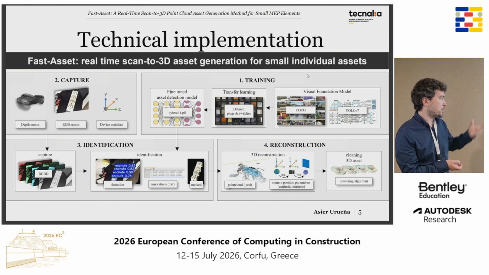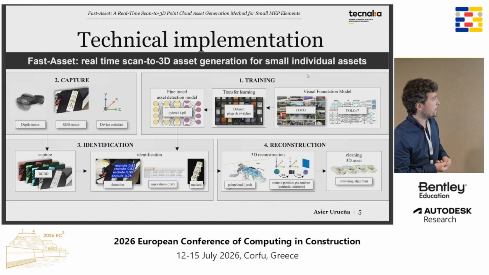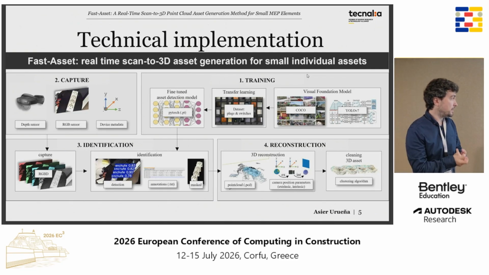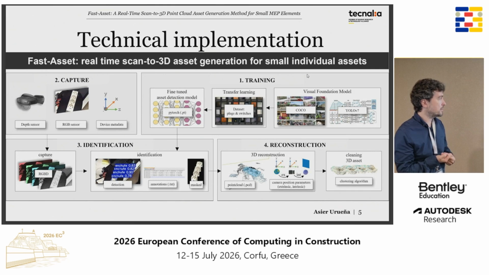For the capturing process, we've selected a HoloLens device, but we could have selected a mobile phone or a similar one. We selected the HoloLens because it has a Python SDK ready, so it was easy to access the streaming of the different sensors.